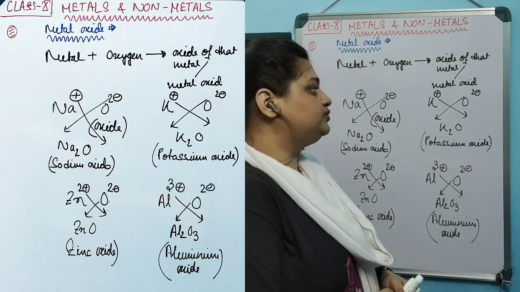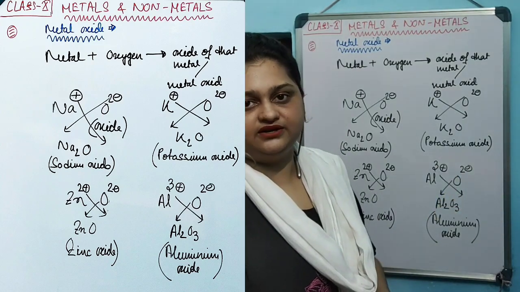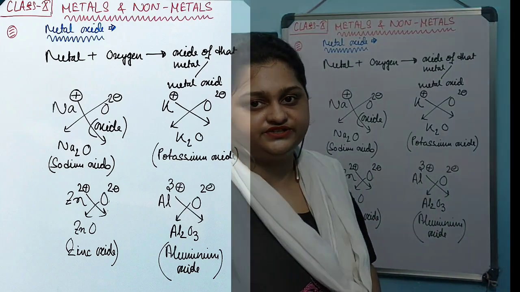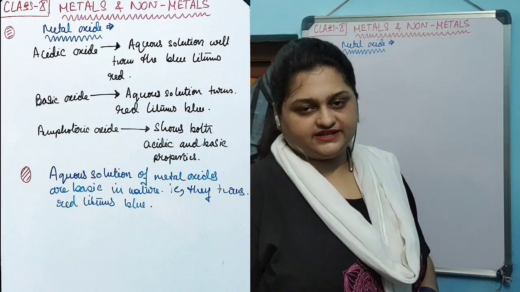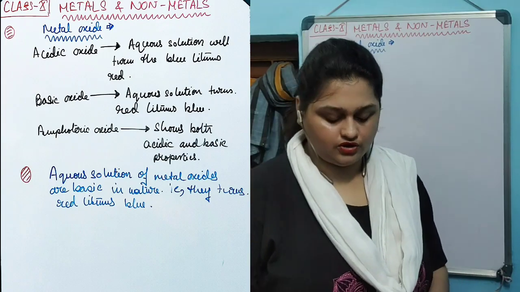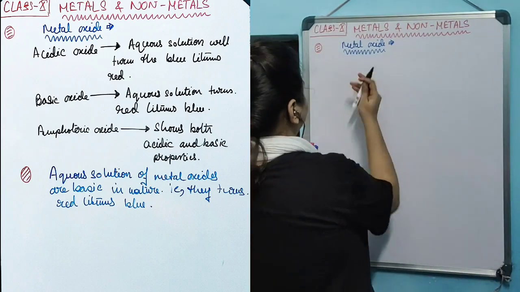Now we are going to study some of the characteristics of these metal oxides. In nature, there are various kinds of oxides that can be found. There are acidic oxides, basic oxides, and neutral oxides. How are we going to define them?